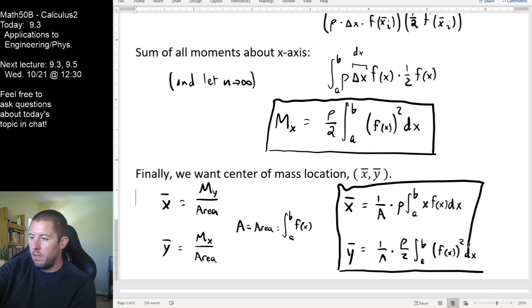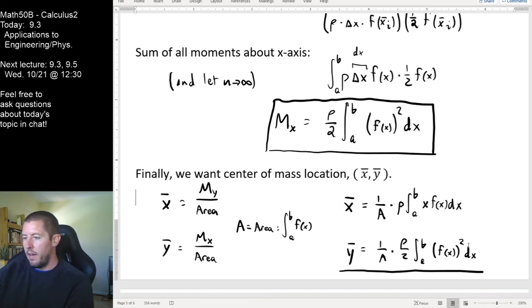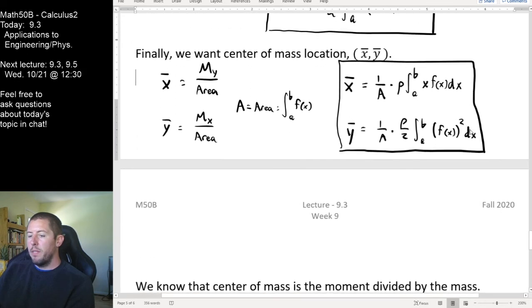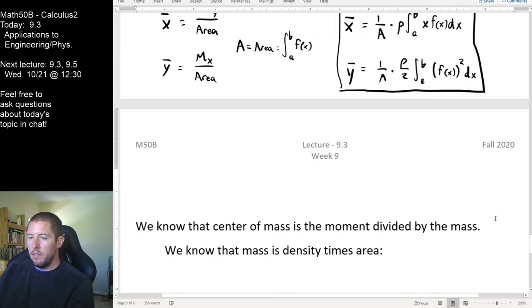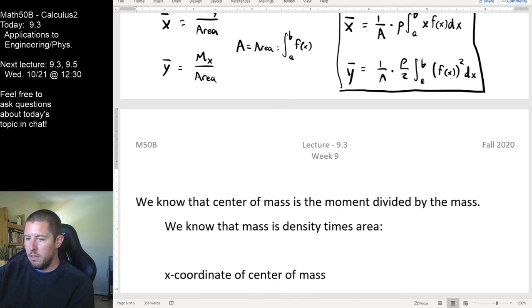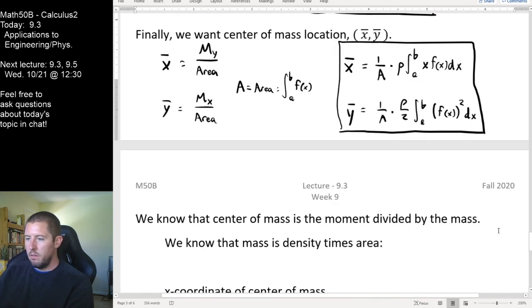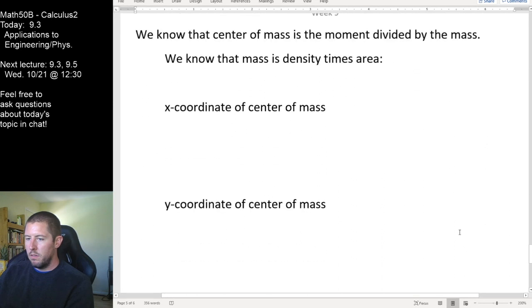Holy cow. Let me just try drawing the box over again right there. My goodness. Can't draw a box these days. Here we go. So we've got our two center of mass formulas. So let's go ahead. Oh, didn't I just state this stuff right here? I did.